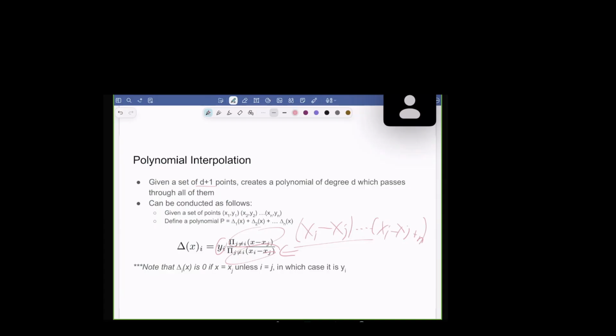The bottom fixes the mess, because this needs to be equal to 1 in order for you to get just your yi. So you clean up the mess with this bottom term, which gives you conveniently the same result: xi minus xj, and so on, xi minus xj plus n. Do you guys get where I'm going with this? Basically, you put one particular x in, you get a particular y out. That's all that happens.